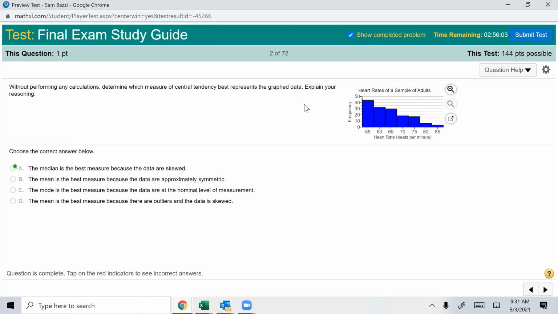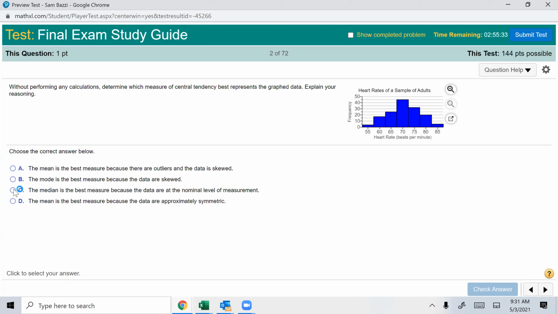When the data is symmetric, it looks like a bell shape, the mean is the best measure. When the data is skewed, you have to use the median. The median would be a better representative of the data set, because when the data is skewed, there are likely extreme values, either on the left or on the right. We never use the mode as a good representative. It's either the mean or the median, guys. Okay. So the median.